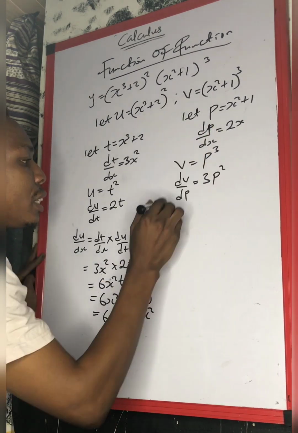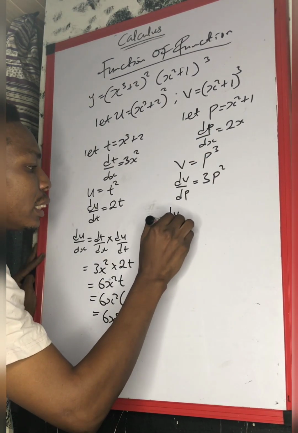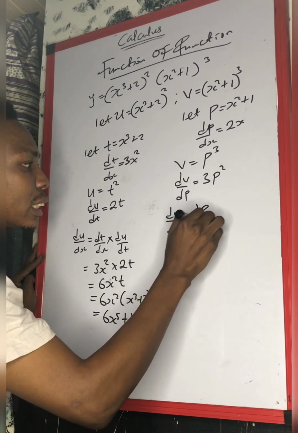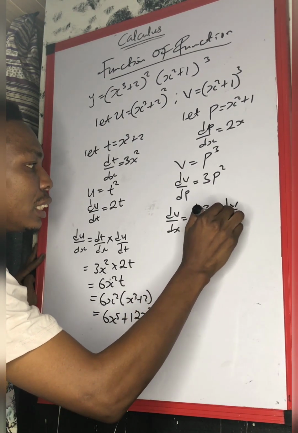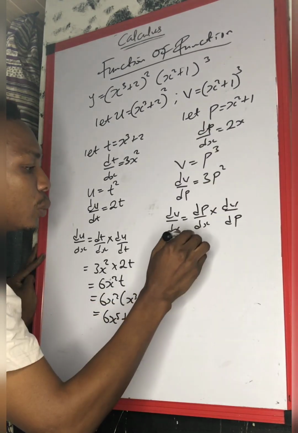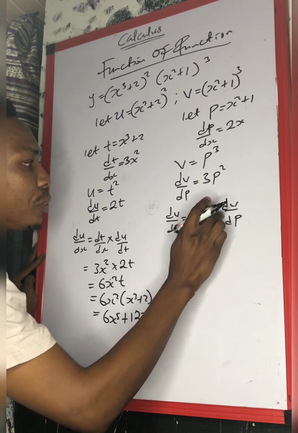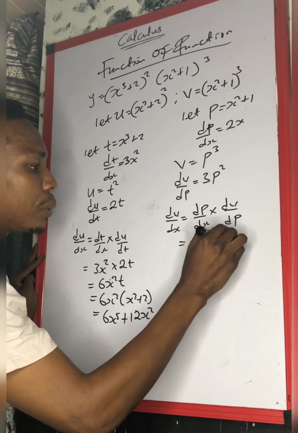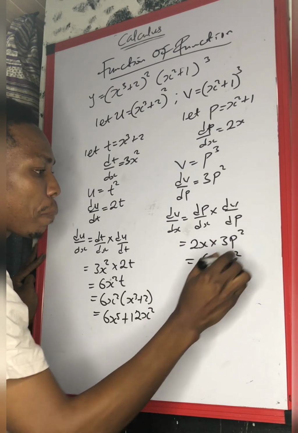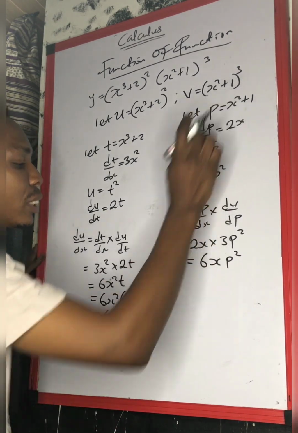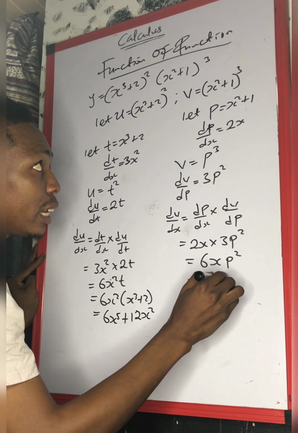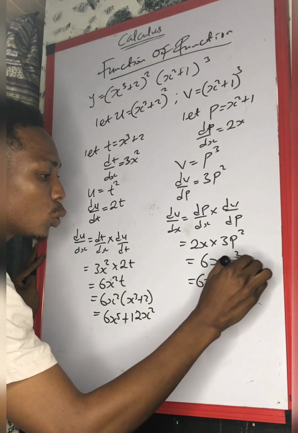So to get dv/ds, we multiply these two, dp/ds times dv/dp. The dp/ds is 2s times dv/dp, which is 3p squared. So which is 6s p squared, and our p is everything here, so we get 6s bracket s squared plus 1 squared.